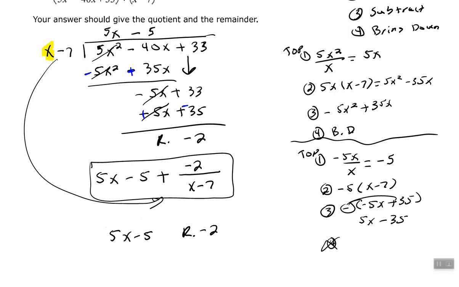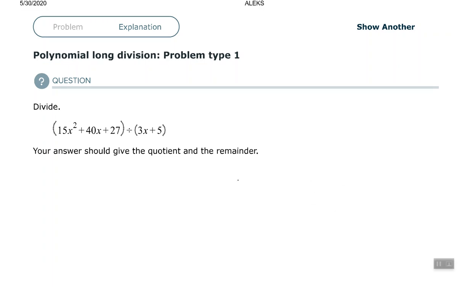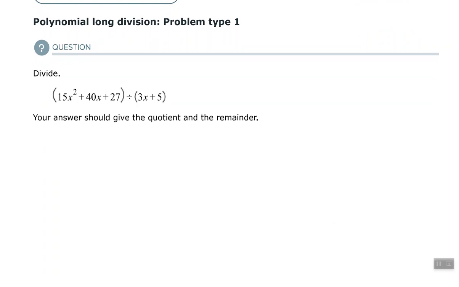So the steps here are the same as the long division that we've done before. Divide, multiply, subtract, bring down, start over. All right, so set the problem up. Whatever we're dividing by goes on the outside, that's our divisor.